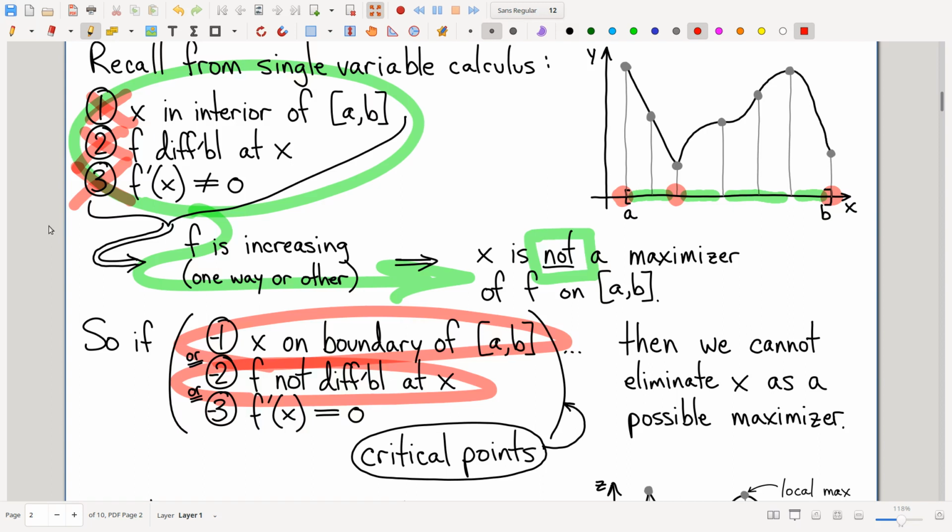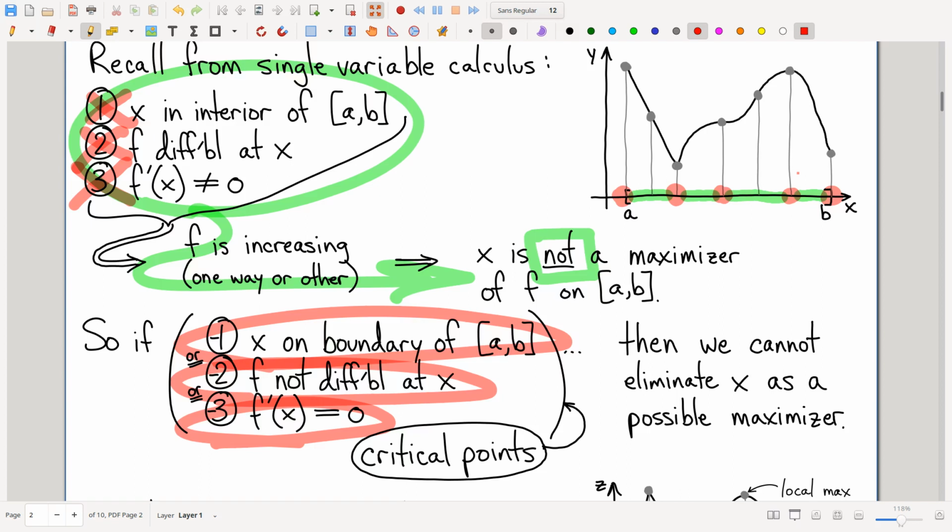In other words, the derivative could be 0. And that happens too, right? So that's the case at that point and at that point. At these 2 points where the derivative is 0, based only on looking at the derivative, the function's not increasing in either direction. So again, I can't really draw a conclusion.